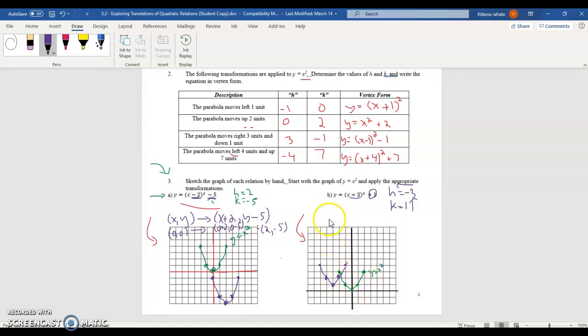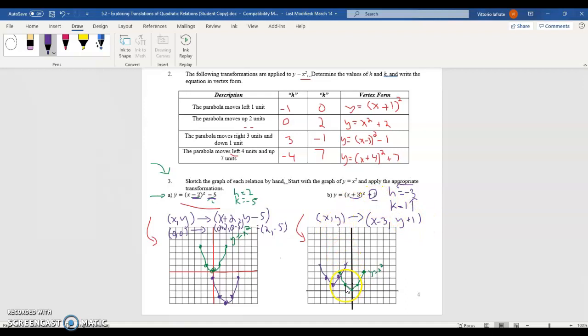Again, you could have used a mapping rule. So if we used our mapping rule here, we'd have x, y for the x squared graph. And the transformation would be x minus 3, because you're moving to the left 3, y plus 1, because you're moving up 1 due to the k.